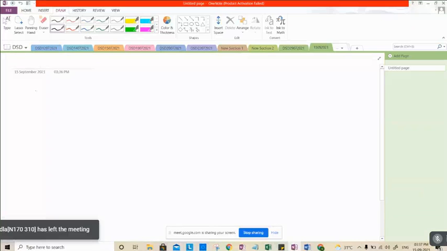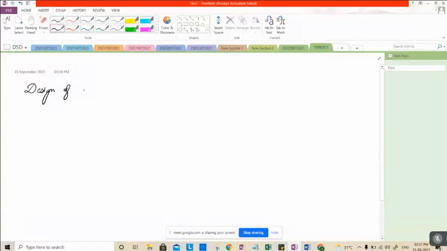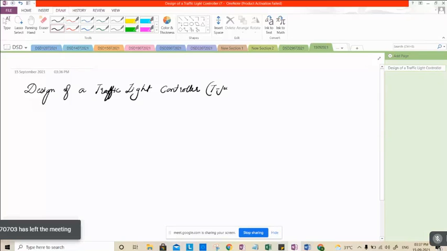Now, yesterday we were discussing the design of a traffic light controller for a T junction, based upon our own specifications.